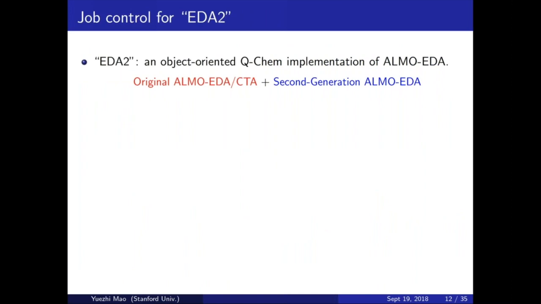And now I want to talk about how to run an EDA2 job in Q-Chem. So EDA2 refers to the new Q-Chem implementation of ALMO-EDA, and it covers all the original ALMO-EDA and CTA charge transfer analysis features, plus this second generation ALMO-EDA method.